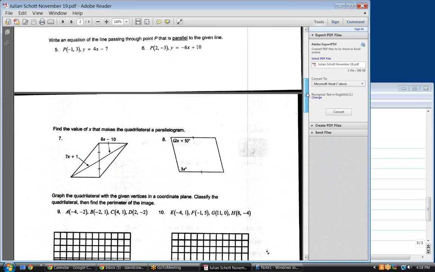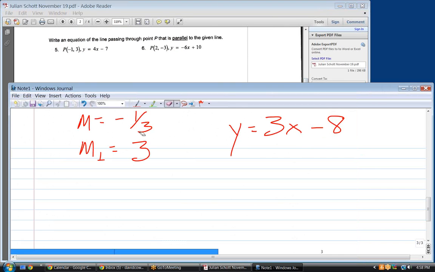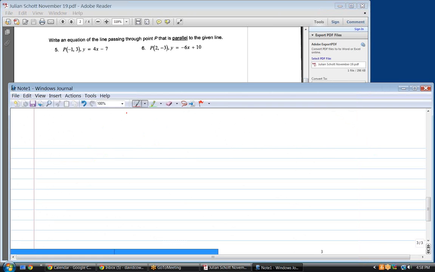Okay, parallel. Very similar. What's the slope of this line? For parallel, you don't have to flip it or do the negative reciprocal. First of all, what's the slope of this line here? It's 4.